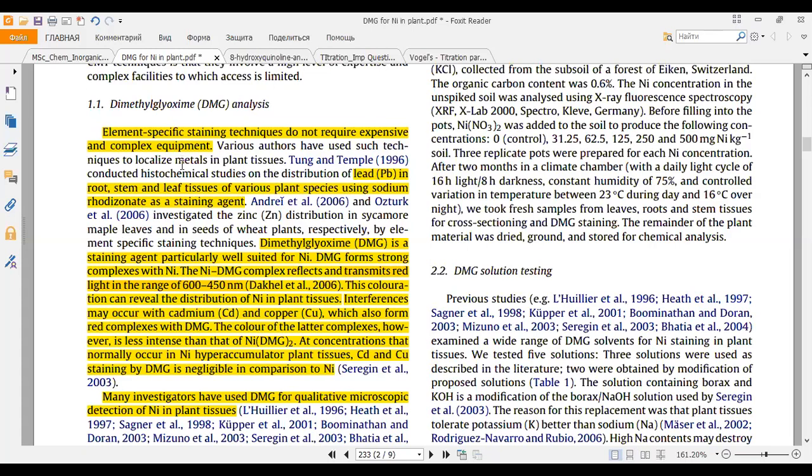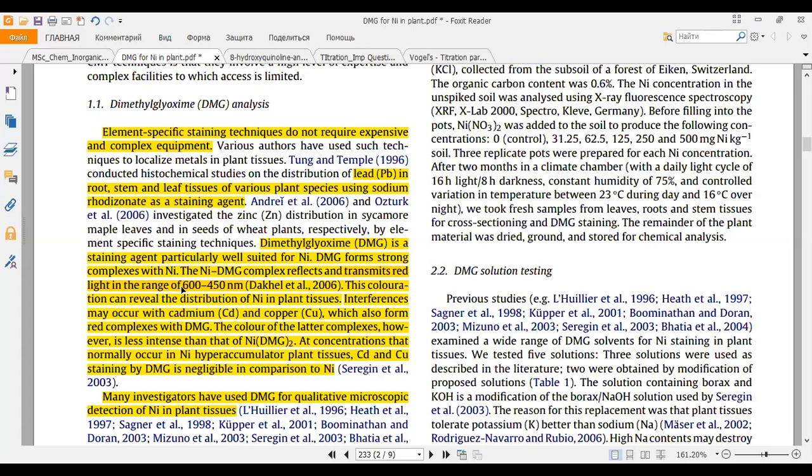However, today we are focusing on nickel, okay, and DMG. So DMG is a staining agent particularly well suited for nickel. DMG forms a strong complex with nickel, as we have seen in the previous slide, and the nickel DMG complex reflects and transmits red light. So earlier I showed you the picture of the red color.